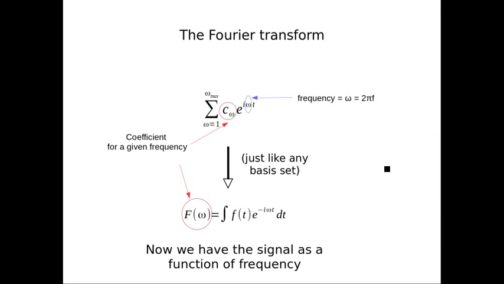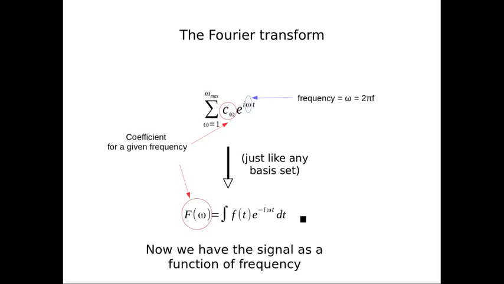Okay, and the Fourier transform, from this expression, we have a function that represents the coefficient at each frequency. So we go from the original function, f(t) here, to F(omega), a function of frequency.